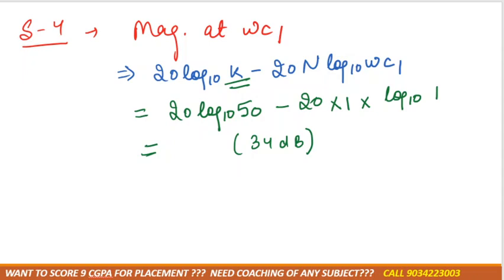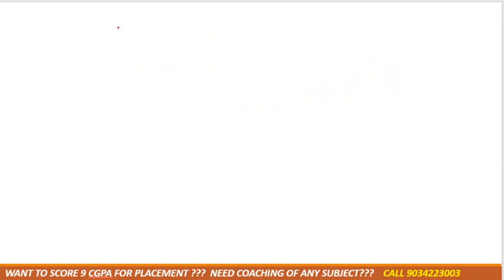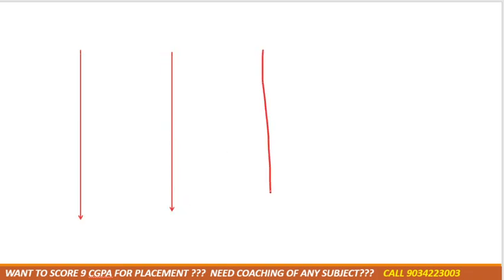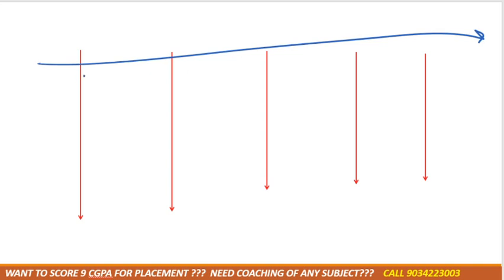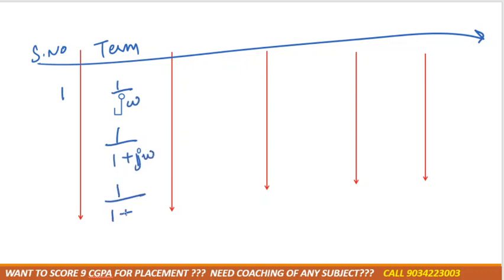Now we need to draw the table, that is the next step. So as you know, in the table, we'll write down terms, then corner frequency, then slope, and then change in slope, right? First term is 1 by j omega, another term is 1 by 1 plus j omega, right? Another term is 1 plus 0.5 j omega.